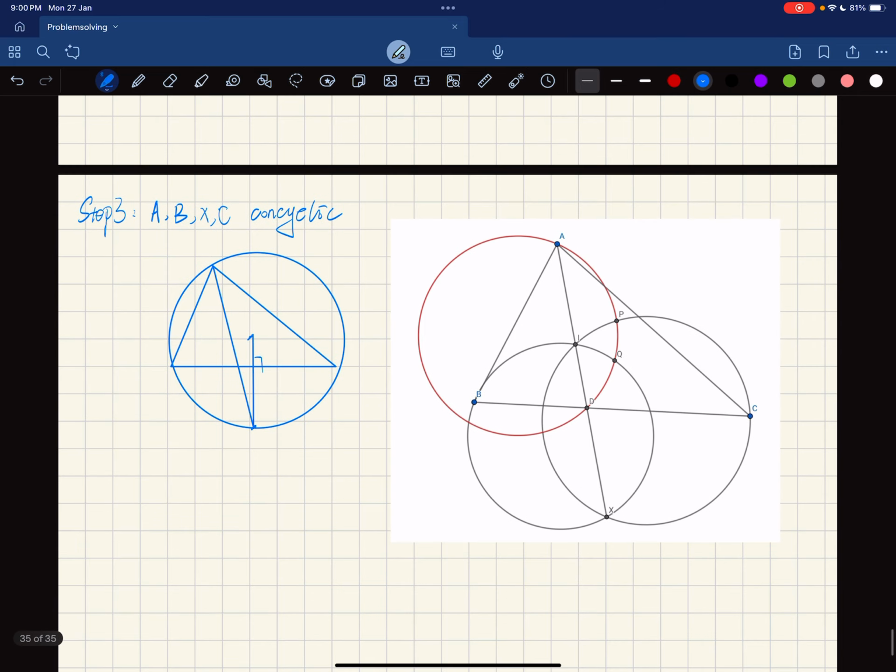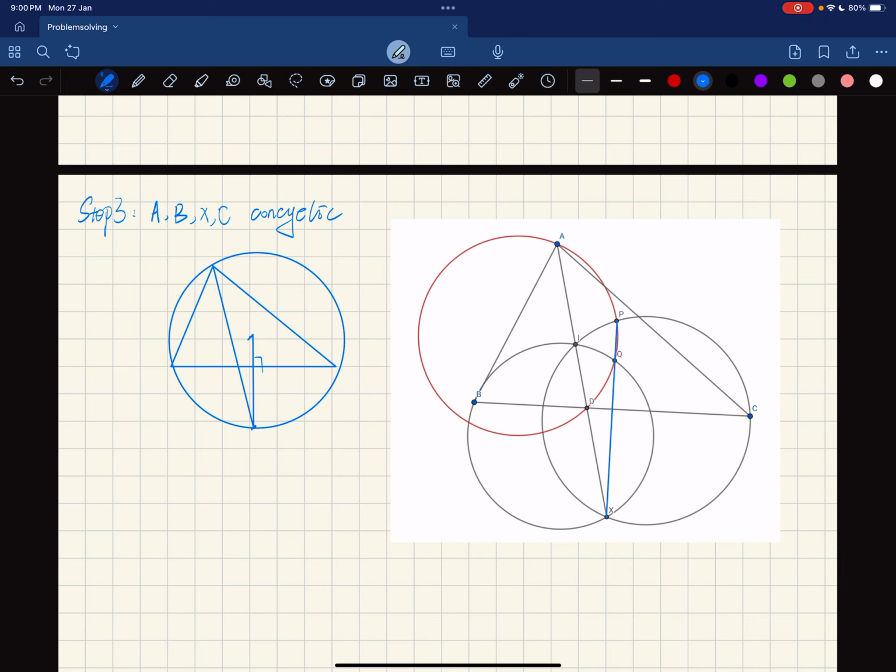So is this model similar to the problem? That's what we have to discover. Can you discover that? That's the most important.